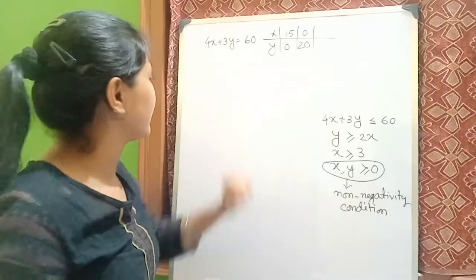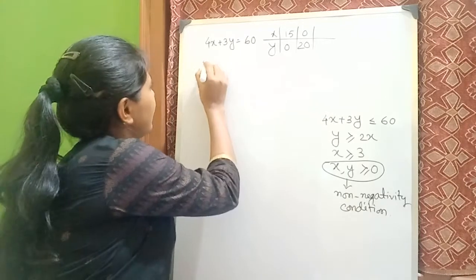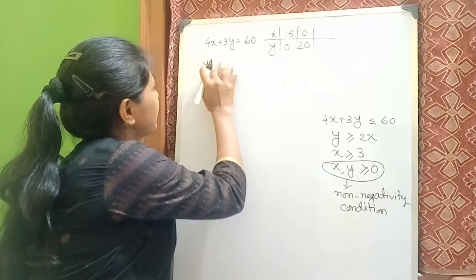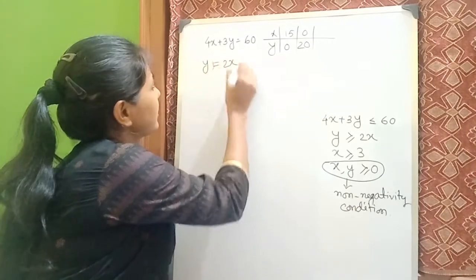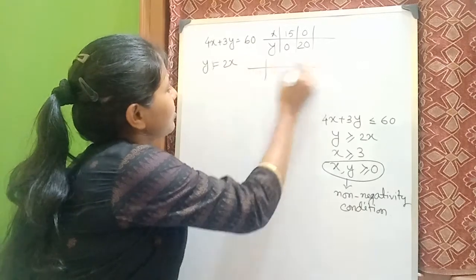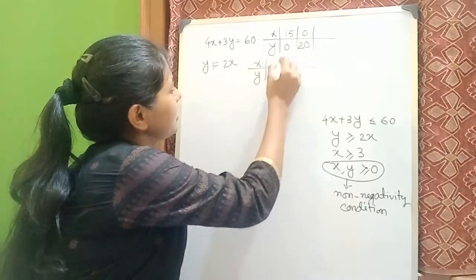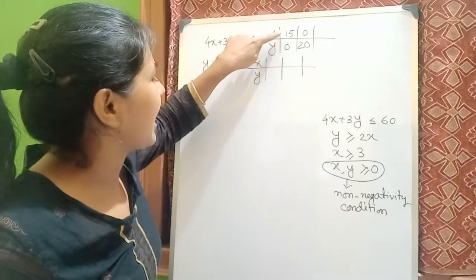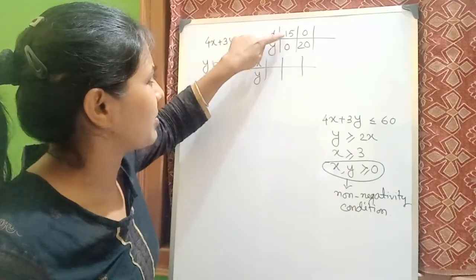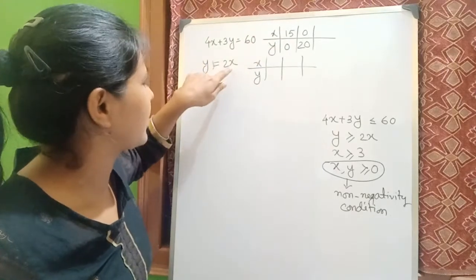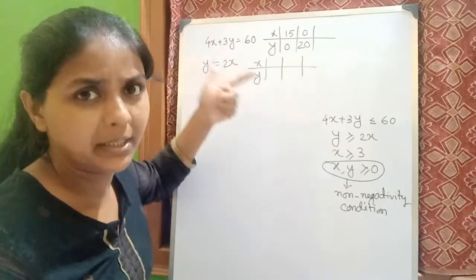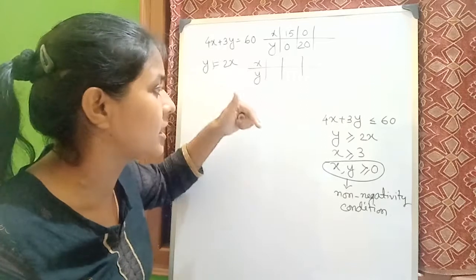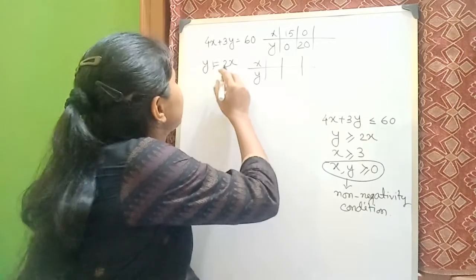Then y greater than or equal to 2x means y equals 2x, which is very simple. As these are all multiples of 5, I'll take something that is a multiple of 5, then it will be very easy to plot.